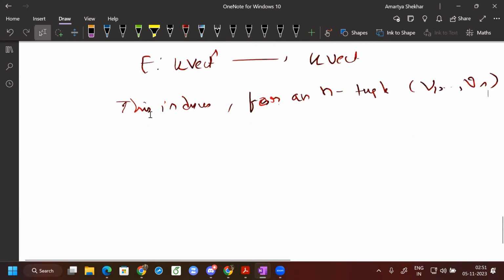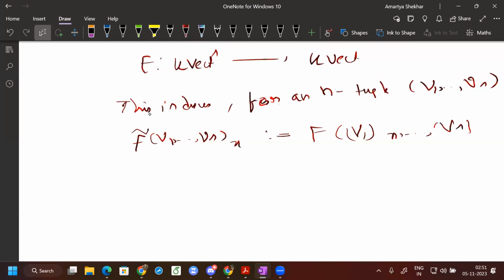Let me call this F-tuple. We define it fiberwise as follows. That should make sense.